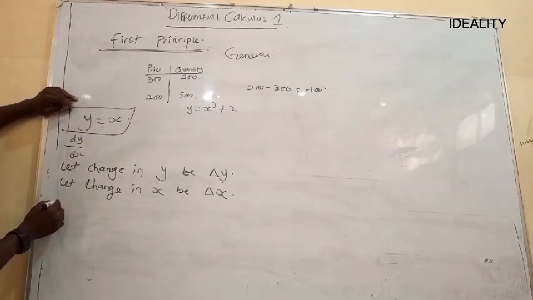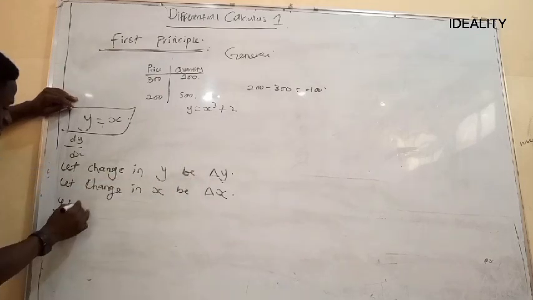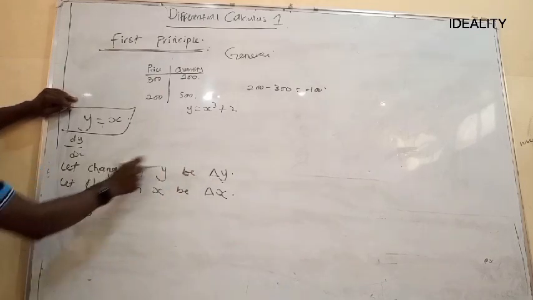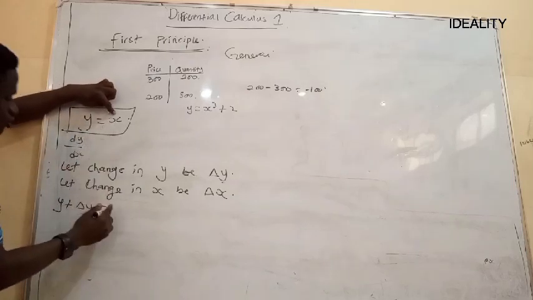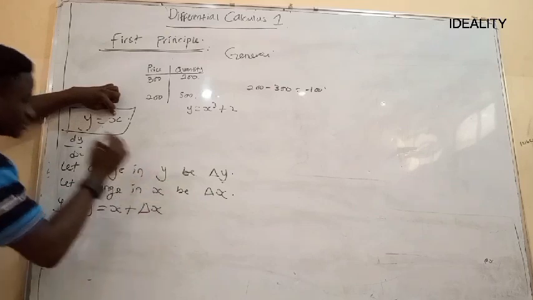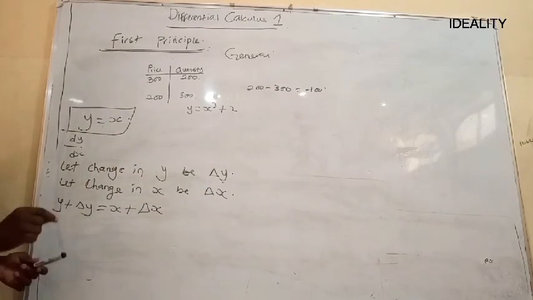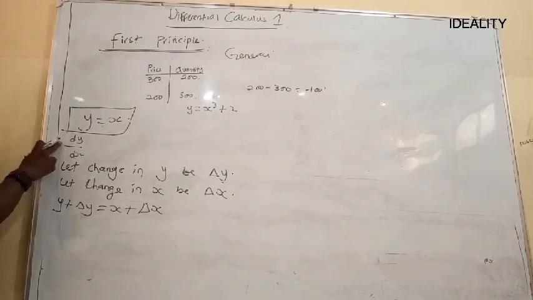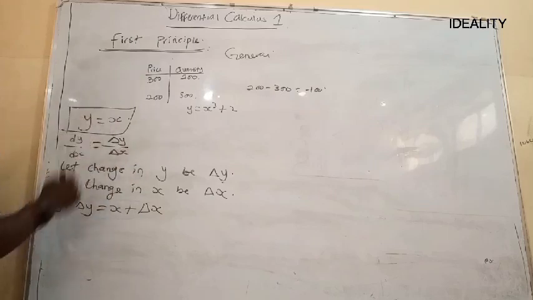So you say y plus the change in y, theta y, equals x plus the change in x, theta x. Don't forget that the objective of the question is to find dy/dx.